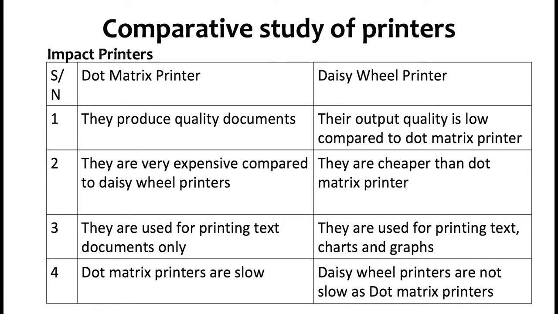Then the daisy wheel printers are cheaper than the dot matrix printer. The dot matrix printers are used for printing text documents only, while the daisy wheel printers are used for printing both text, charts, and graphs. The dot matrix printers are slow. The daisy wheel printers are not as slow as the dot matrix printer.